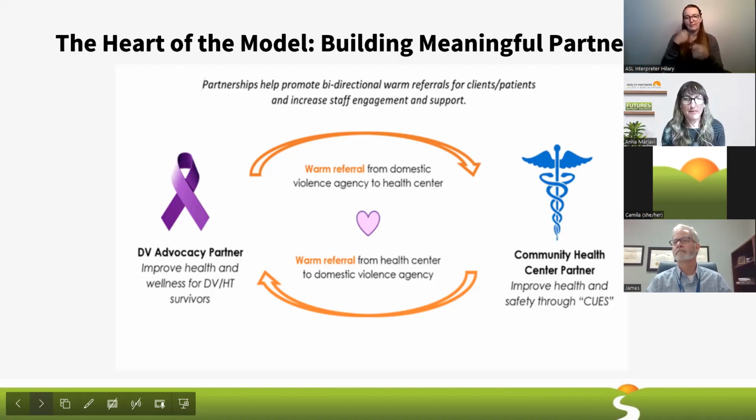For health center staff, sharing warm referrals or information about domestic violence programs with patients is an important way to reduce isolation, improve safety, and open a lifeline to other supportive services. These referrals, remember, also benefit staff on both sides, staff at advocacy programs who don't have health insurance or a medical home, and staff at a health center who need the kinds of safety planning and support that a domestic violence program offers. Next slide, please.